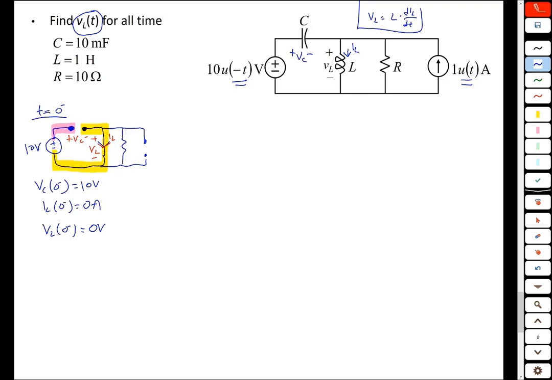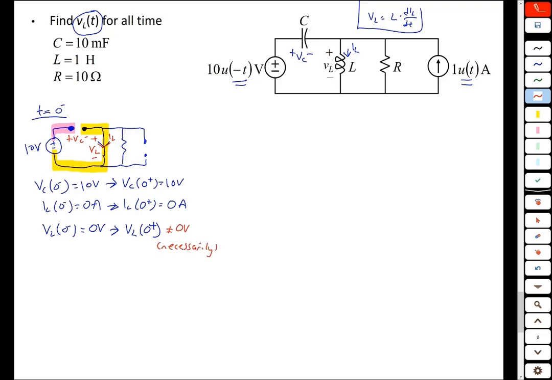Now we know that the voltage across the capacitor cannot change instantaneously, so VC of 0 plus is also equal to 10 volts. Likewise, IL of 0 plus is also equal to 0 amps, but VL of 0 plus does not equal 0 volts, at least not necessarily.